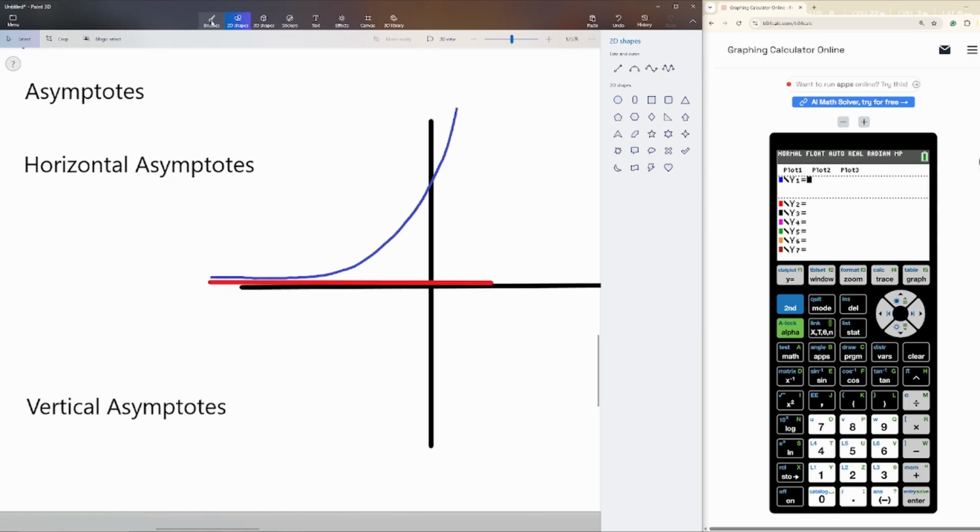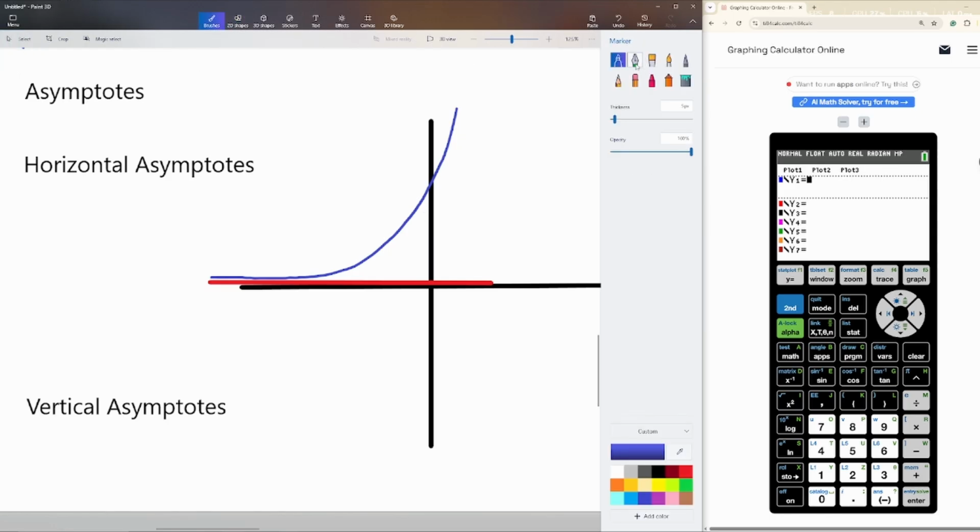And a horizontal asymptote is mostly labeled with the letter K, and you always have to say that the function is approaching K, and K is your horizontal asymptote in this case.